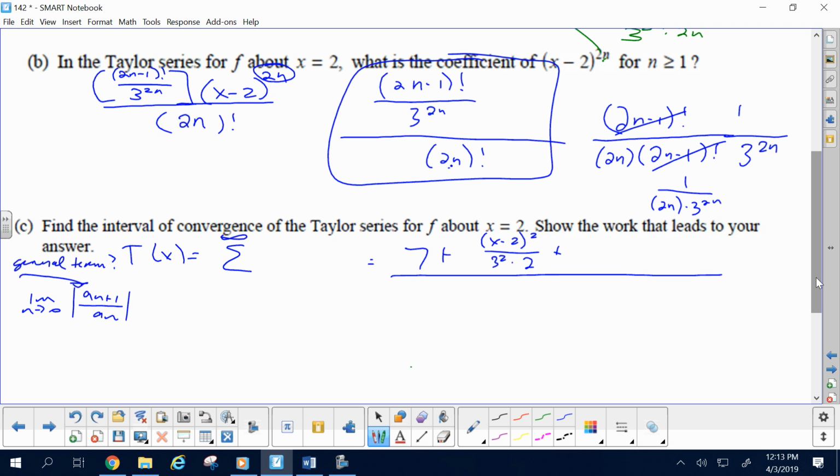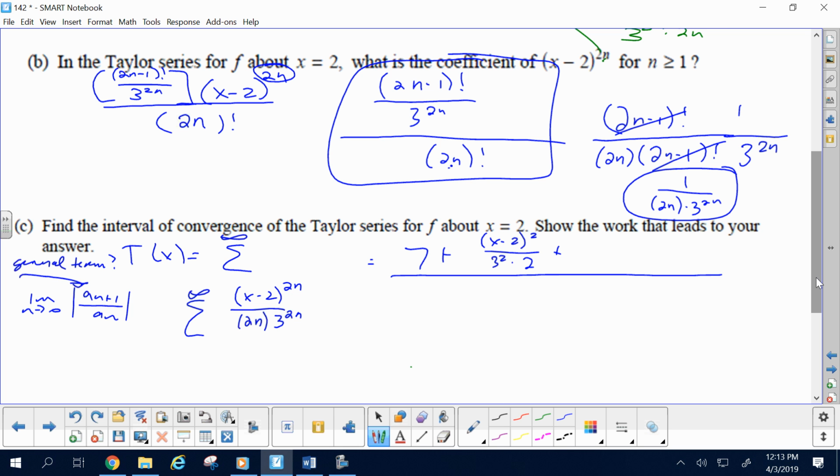We just found the coefficient of the general term. That's most of the stuff we need. The general term is something like 1 over 2n 3 to the 2n for the coefficient, and then every term also has the x minus 2 to the 2n.